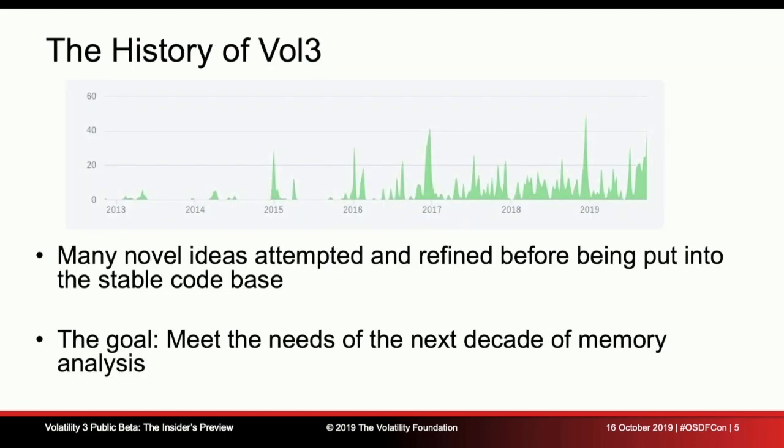Whilst it seems like maybe we've been keeping very quiet about Volatility 3, the GitHub set of commits shows that the first commit was made in November 2012, and whilst it got off to quite a slow start, I have to admit, as of about 2016, things started picking up. We started getting a lot more commits coming in. The framework really took shape and solidified, and then we needed to start getting all the plugins written for it, and it needed a lot of tidying and cleaning and making sure that it all worked.